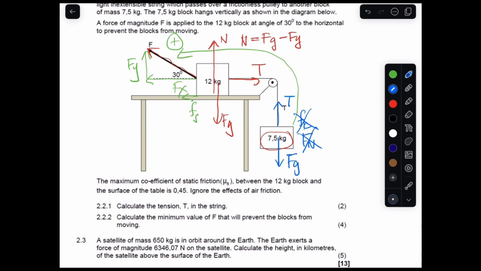Guys, since this object is stationary, the tension force and the gravitational force are what? Equivalent, but in opposite directions. Even here, the horizontal forces are equivalent but in opposite directions.